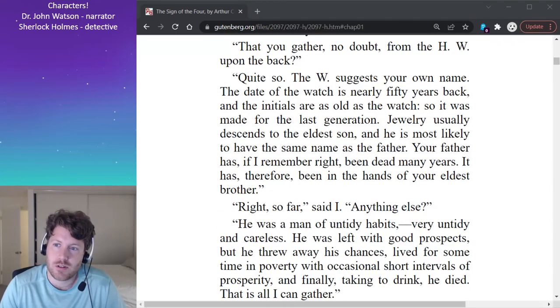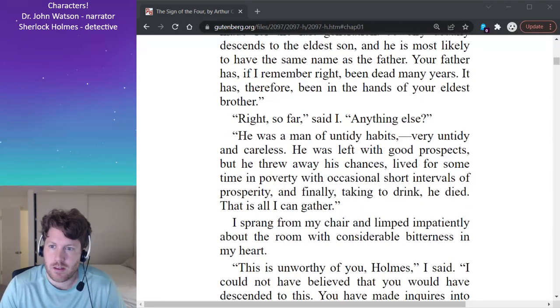The W suggests your own name. The date of the watch is nearly 50 years back, and the initials are as old as the watch, so it was made for the last generation. Jewelry usually descends to the eldest son, and he is most likely to have the same name as the father. Your father has, if I remember right, been dead for many years. It has therefore been in the hands of your eldest brother. Right, so far, I said.